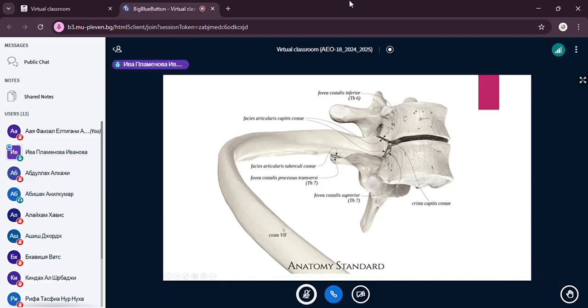That's the rib. Here is the head. That's the tubercle. Half part of the head articulates with the articular surface of TH6, the other half part with the superior articular surface of the TH7.